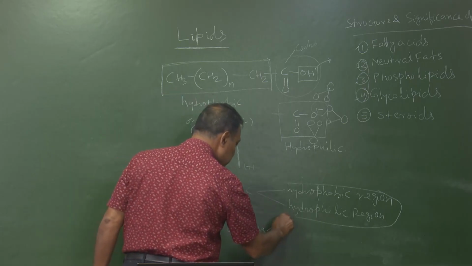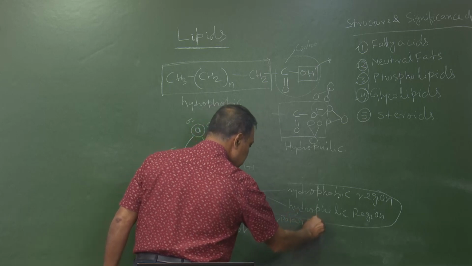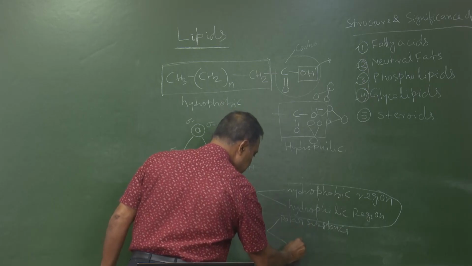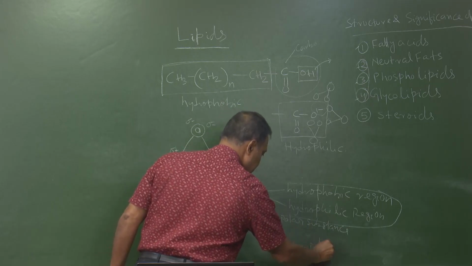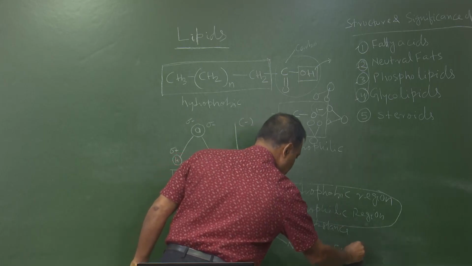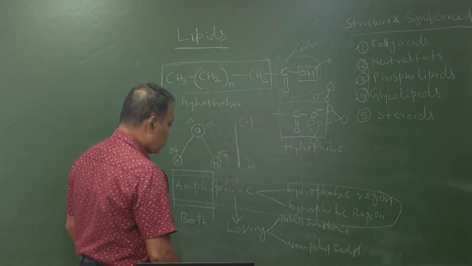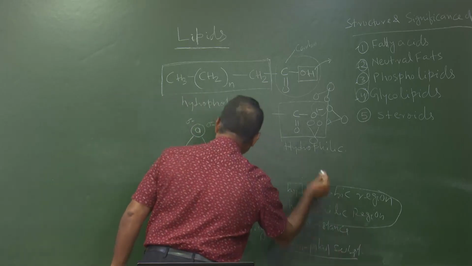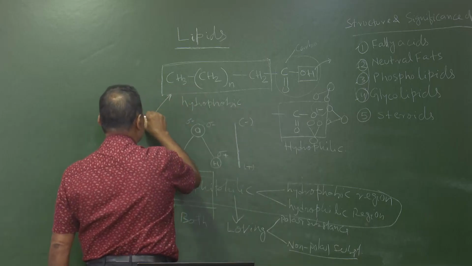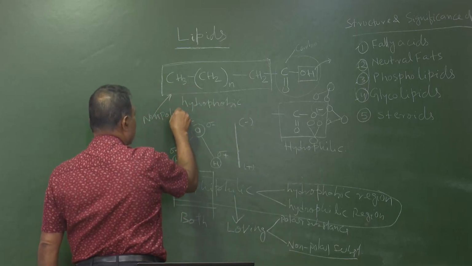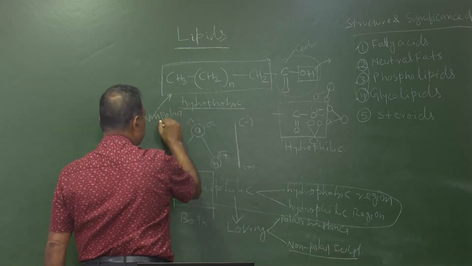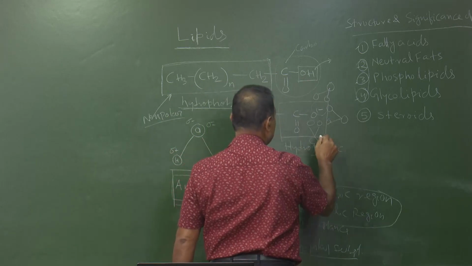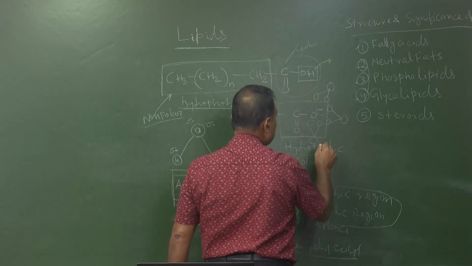It is loving the polar group and the non-polar group. Both it is loving. This part is the non-polar. What I have written here, hydrophobic, that is non-polar. And this is polar. What I have written, hydrophilic, polar. We can find the polarity here.